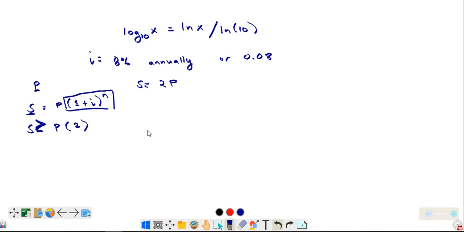So, we have here 1 plus I raised to the power of N is greater than or equal to 2. So, sabi natin dito, kung kukunin natin si logarithm, the base will be 1 plus I. So, kunin natin siya.